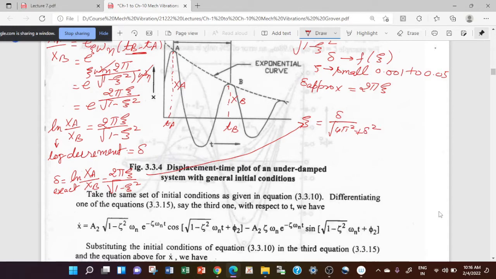This is your exact, and from that you can find the approximate, given by delta upon 2 pi.